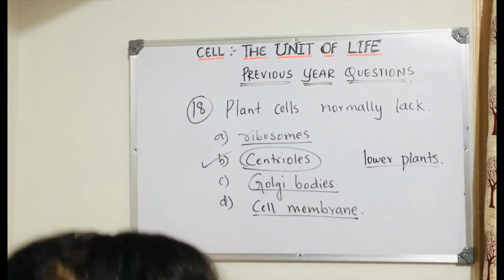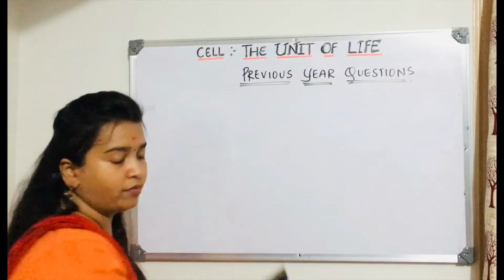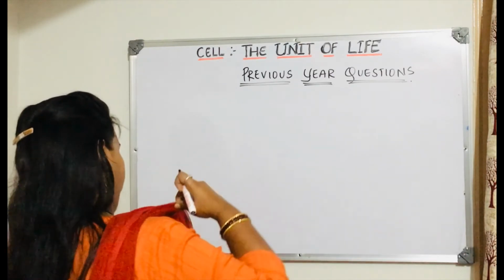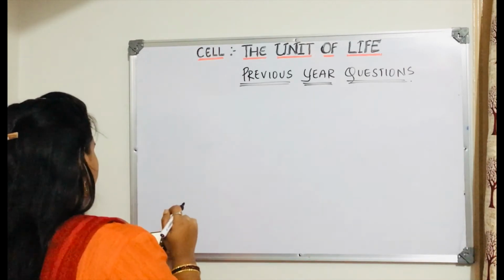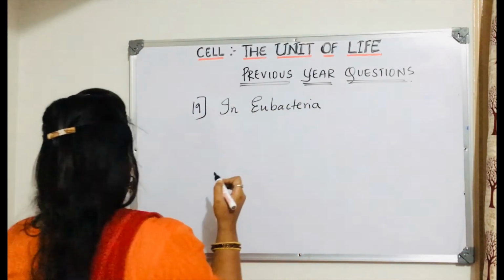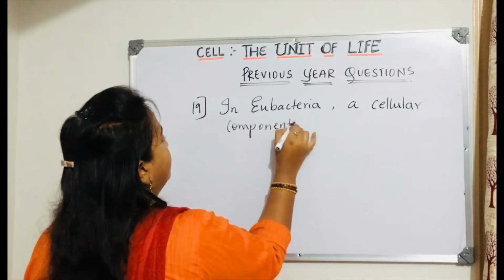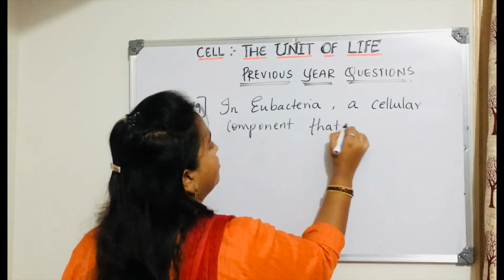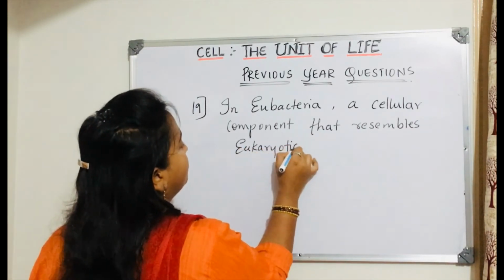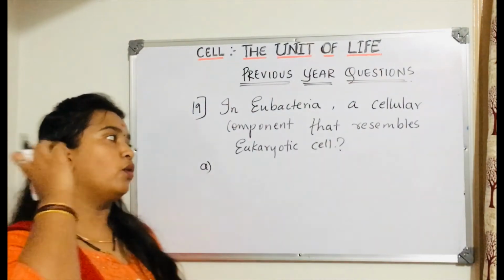Okay? Next, question number 19. In eubacteria, a cellular component that resembles the eukaryotic cell.